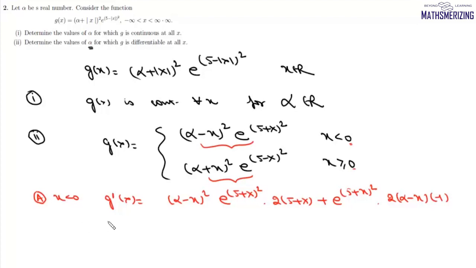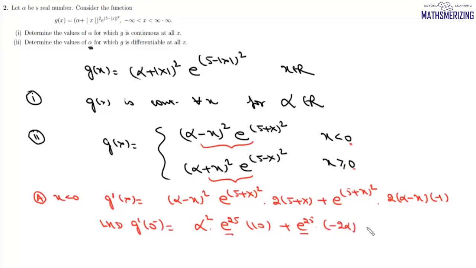If we find its left hand derivative at 0, which is g dash 0 negative, it will be alpha square into e^5 into 0, plus e^5 into minus 2 alpha.